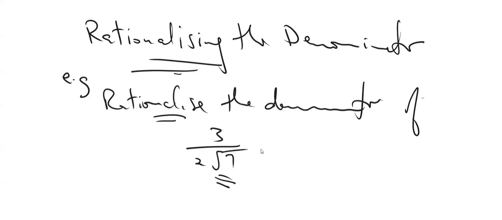So there is a technique where you multiply the numerator and the denominator by root 7. And what would happen? It's like you multiply by 1, right? Root 7 over root 7 is 1.